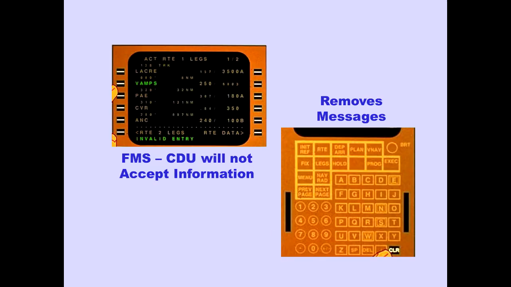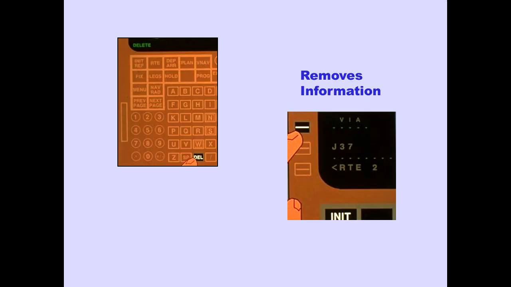The FMS CDU message invalid entry is displayed in the scratch pad when the FMS CDU will not accept the line selected information from the scratch pad. Pushing the clear key removes the message. Pushing the delete key enters delete into the scratch pad.